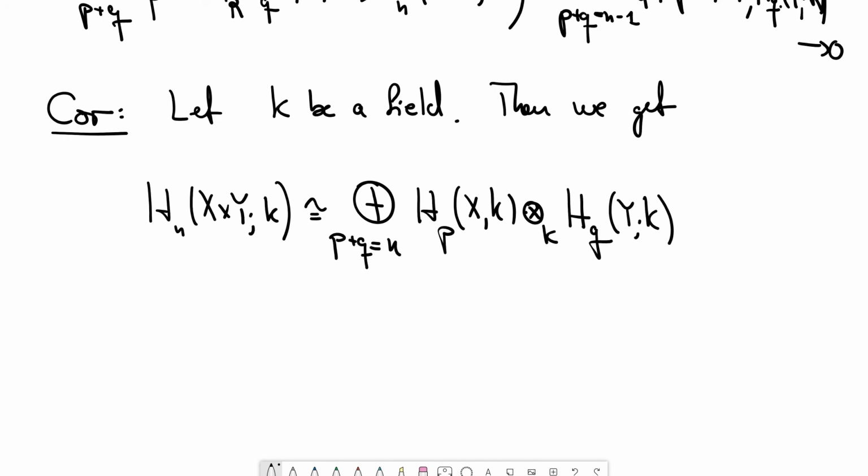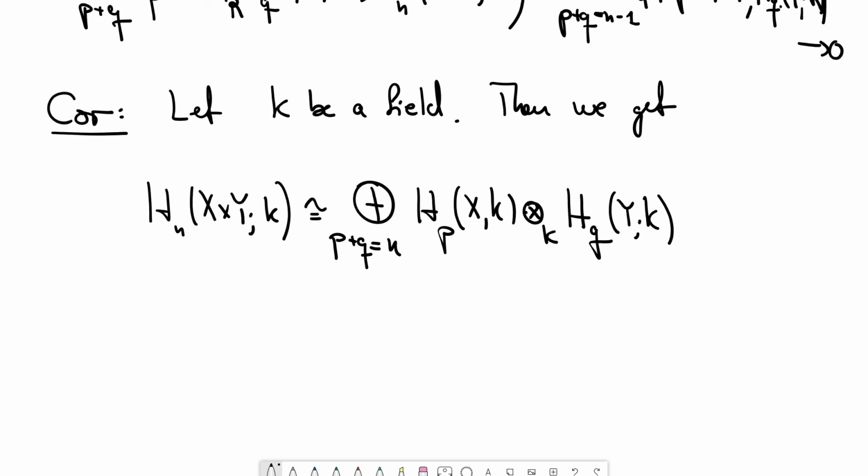And this is due to the fact that over a field, every module is just a vector space, has a basis, so it's a free module, and therefore the Tor term has as entries free modules and henceforth vanishes.